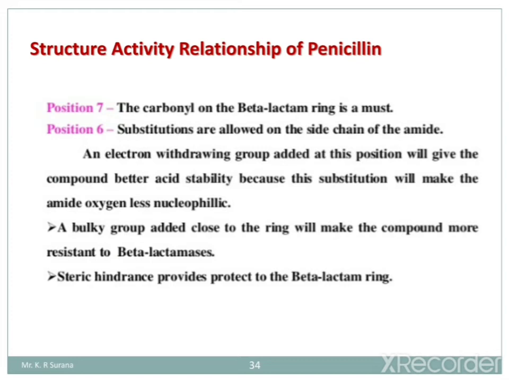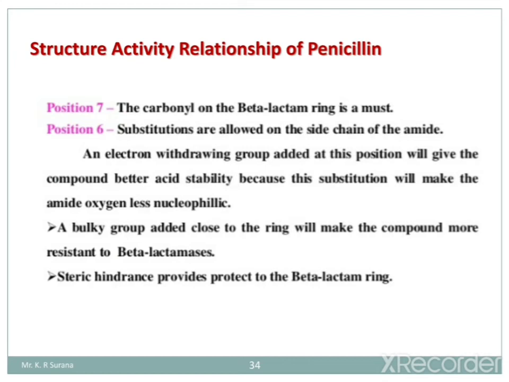If we substitute a bulkier group at position 6, it makes the compound resistant towards the beta lactamase enzyme. Next, steric hindrance protects the beta lactam ring. Such a substitution creates steric hindrance that provides protection to the beta lactam ring.